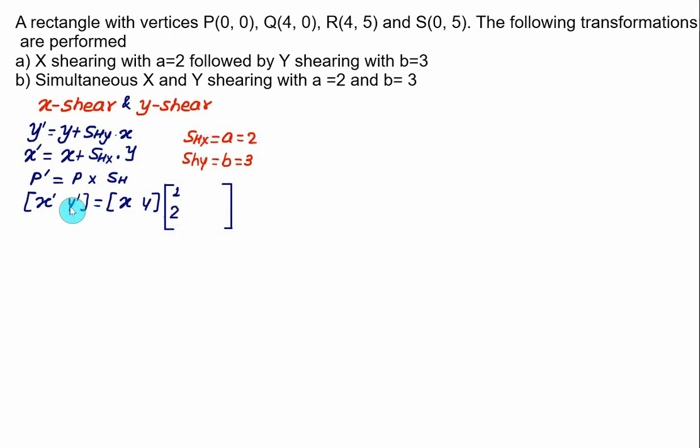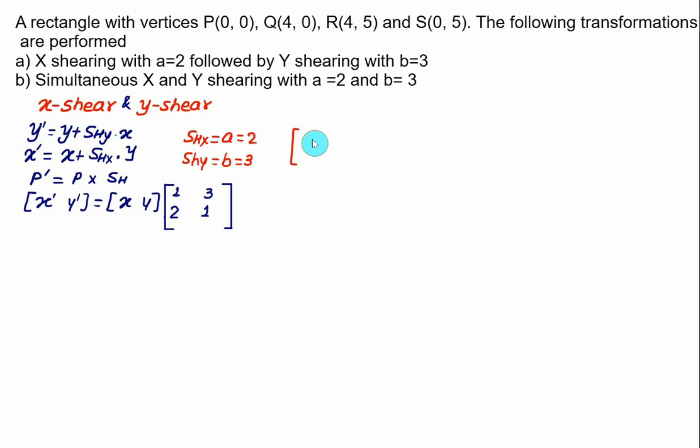Then we have y prime is equal to y, and x is multiplied by shy, whose value is equal to 3. So this value is same as equal to 3, and y value is as it is, so this must be equal to 1. So this one is a combined shearing.